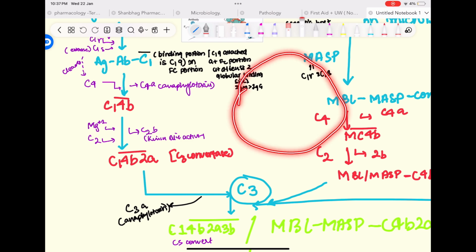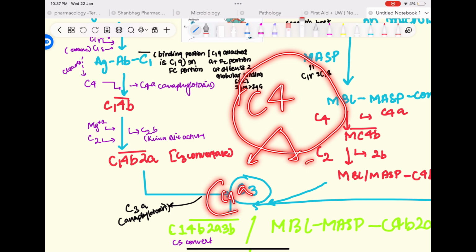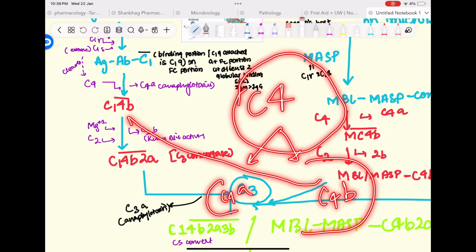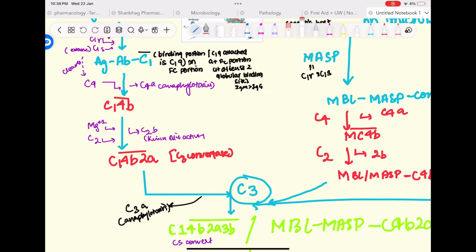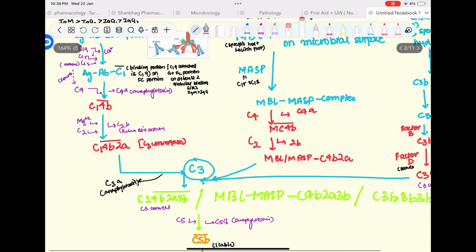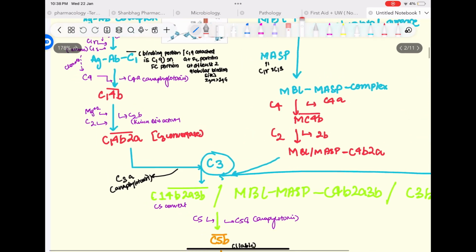Imagine this is a ball called C4, and it is broken down into 2. This is C4A and the slightly larger is C4B, and hence this is now going to be attached to the activated cascade of the protein. Now, C4A is an anaphylatoxin and its action we'll see ahead in the video.